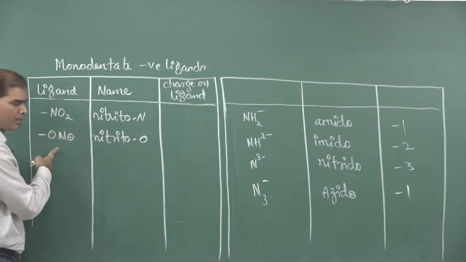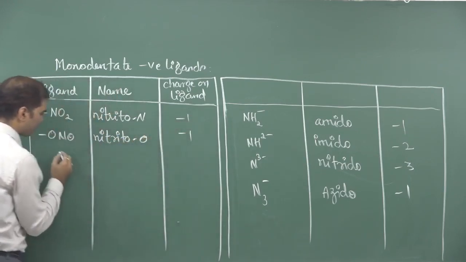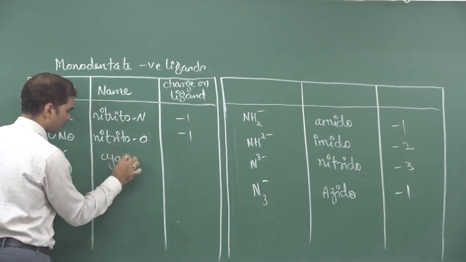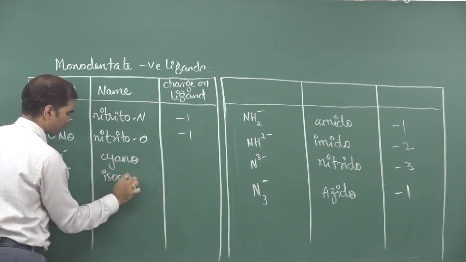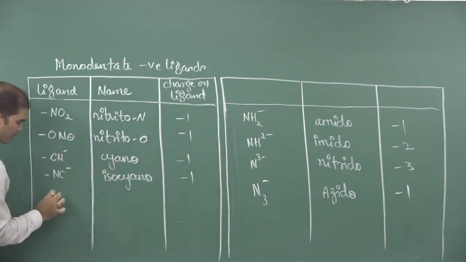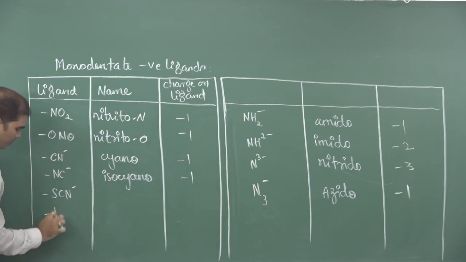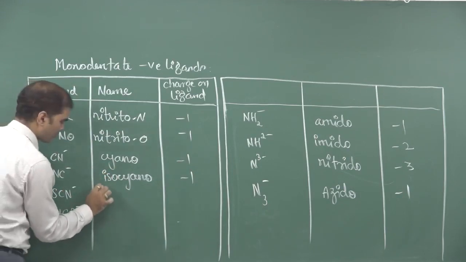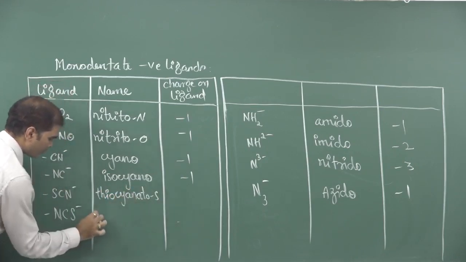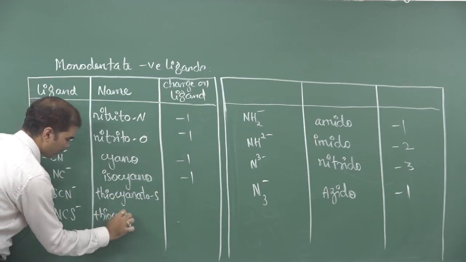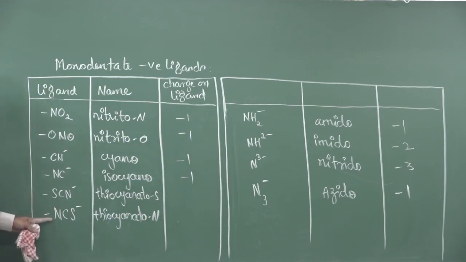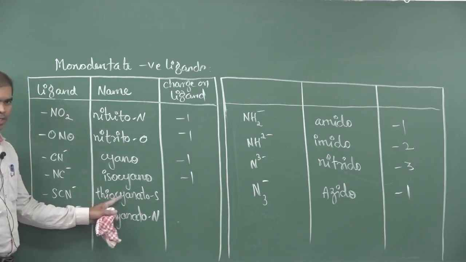Nitrito N, nitrito O. Cyano, isocyano. Thiocyanato S, thiocyanato N, or you may also call it thiocyanato, isothiocyanato.